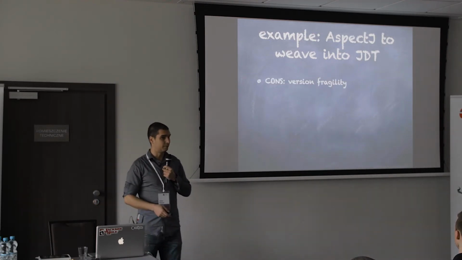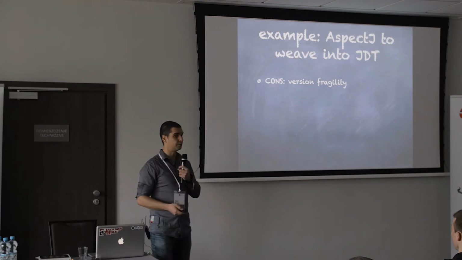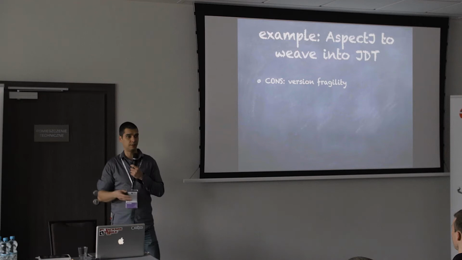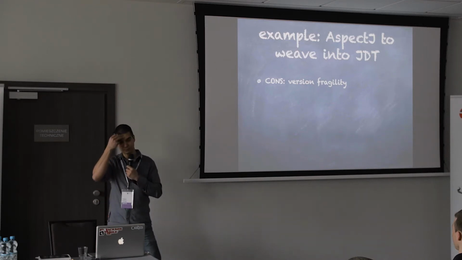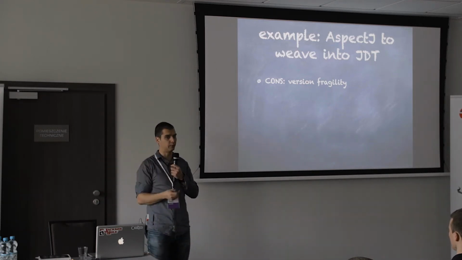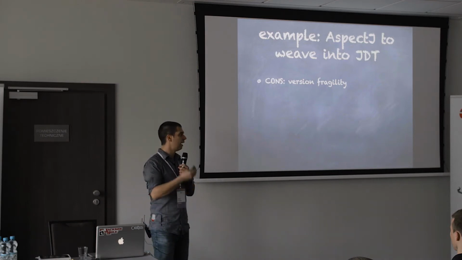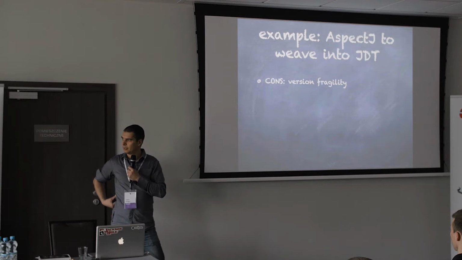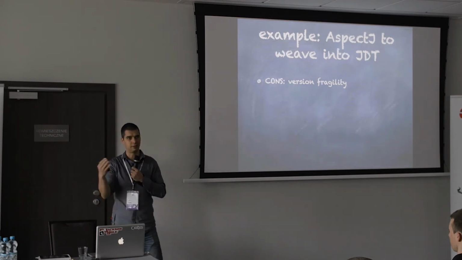Now, the first problem, we saw it very quickly, was version fragility. This was not API. Eclipse would change internals of the JDT in minor releases. So we very soon had to actually fork the code base to support it. I think back then it was Eclipse, before Helios, I forgot, whatever.